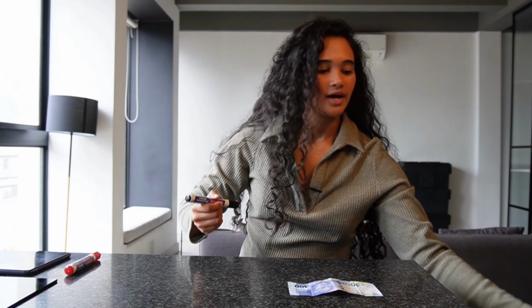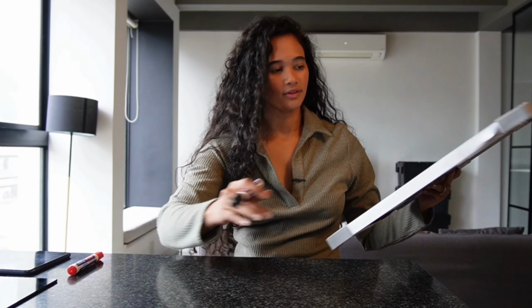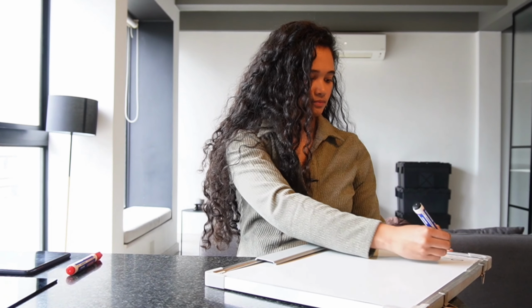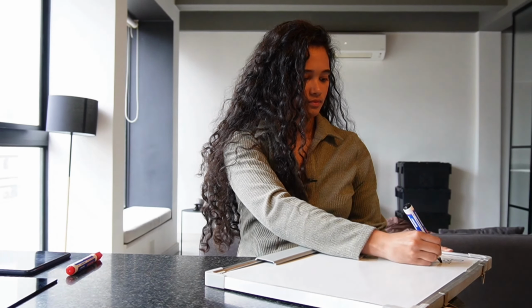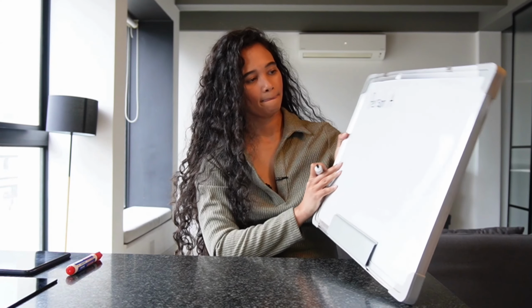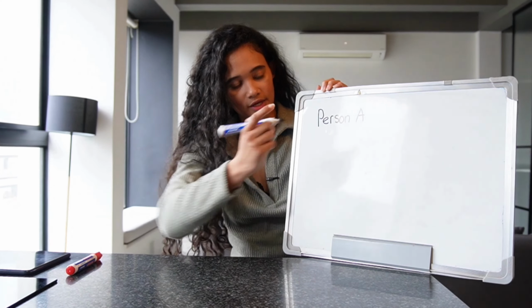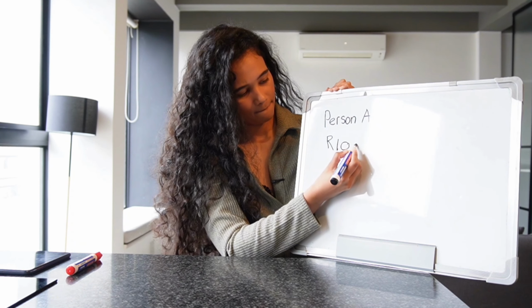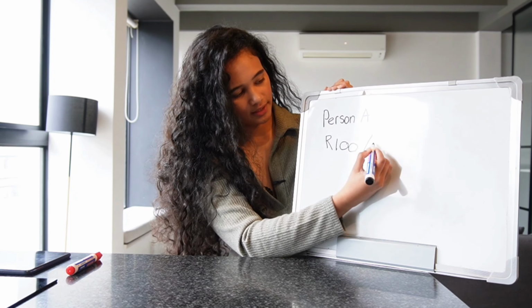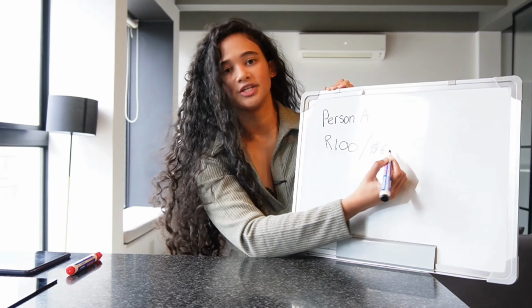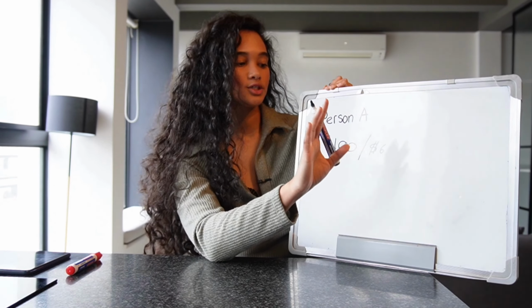Okay, we're gonna have person A. Okay, let's put that over there. Person A, right over there. They're gonna fund the account with 100, which is approximately $6 if we round it off, okay, $6.